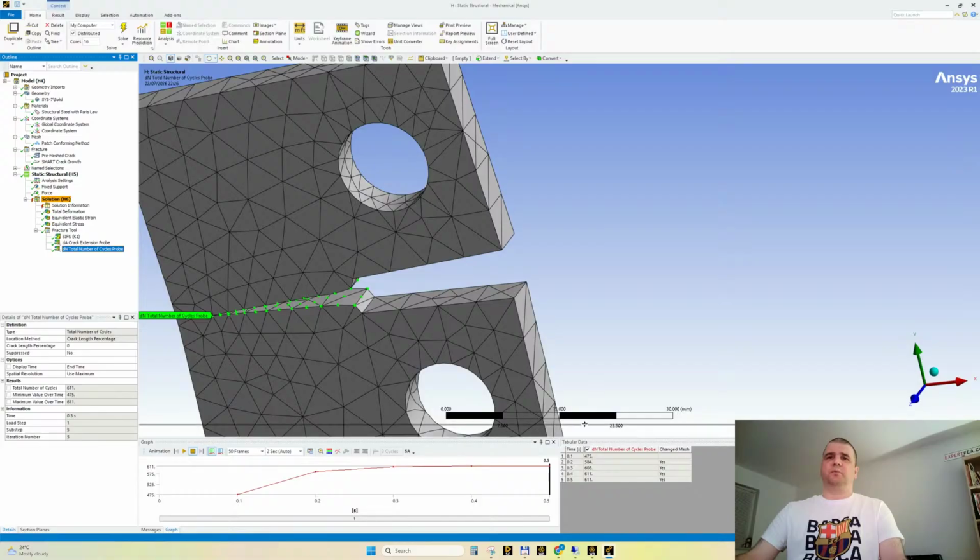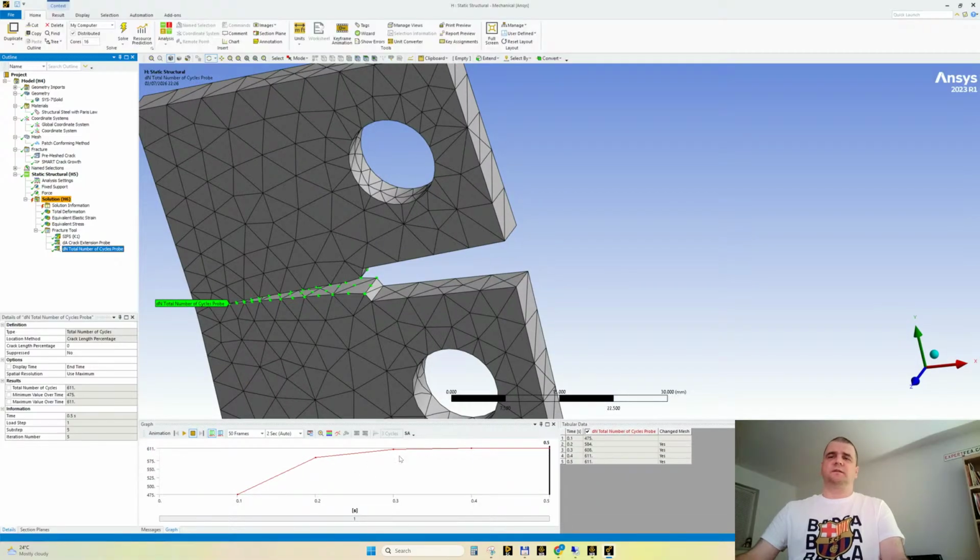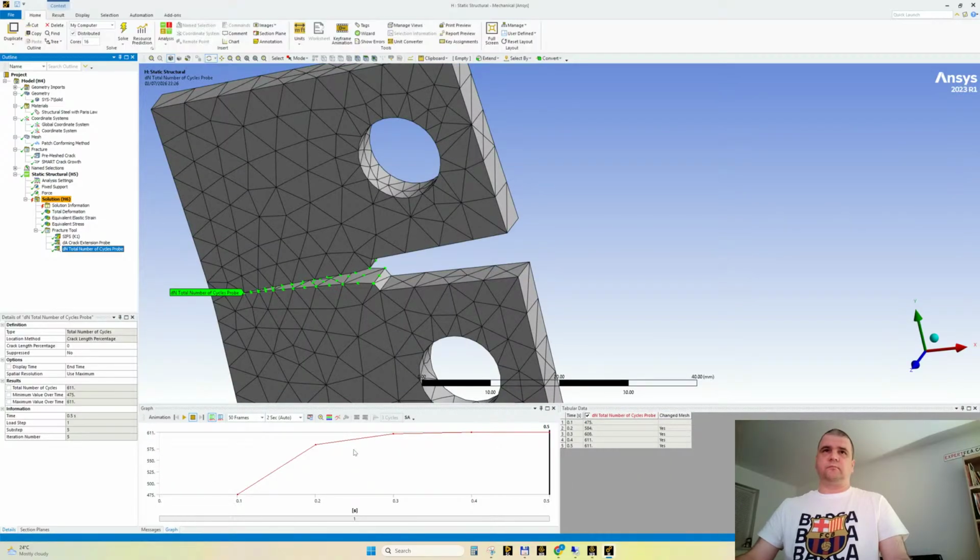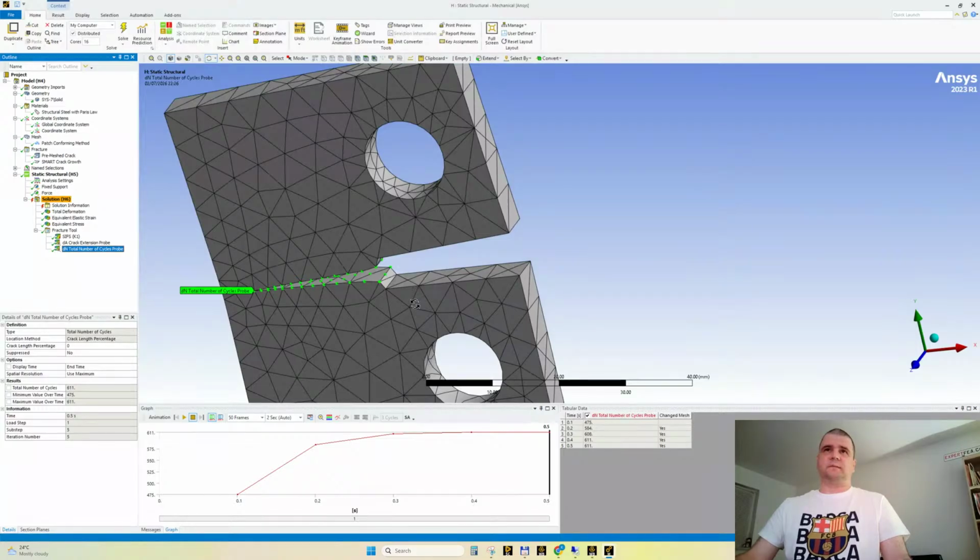Yeah, so the total number of cycles is 600. In reality, we should have some millions here. In reality, yes.